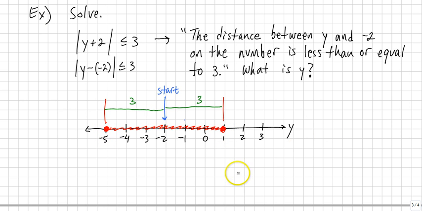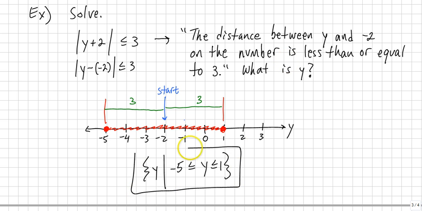Our solution set would be the set of all y such that y is between -5 and +1, and they can be equal to -5 or +1 too. So we end up with that solution set, and there's our graph of the solution.